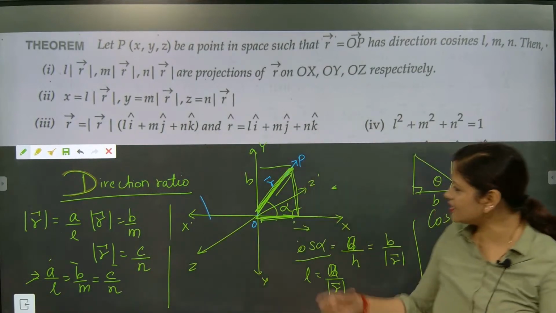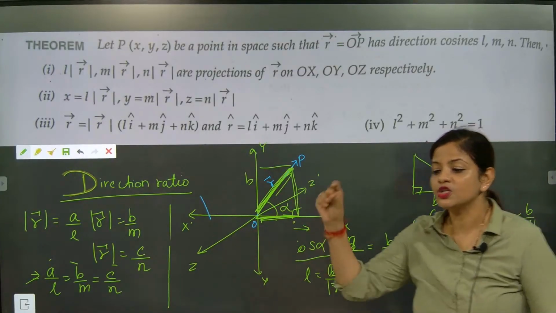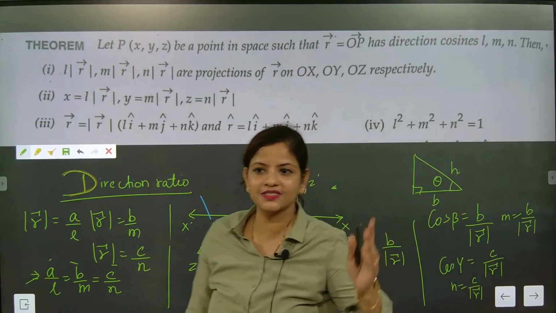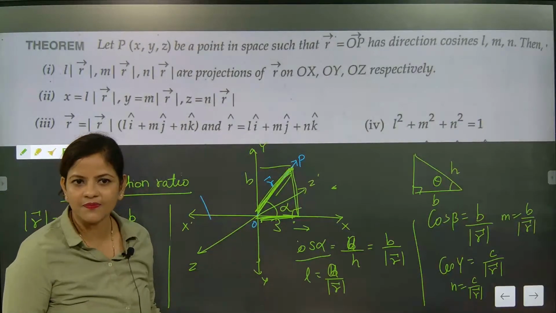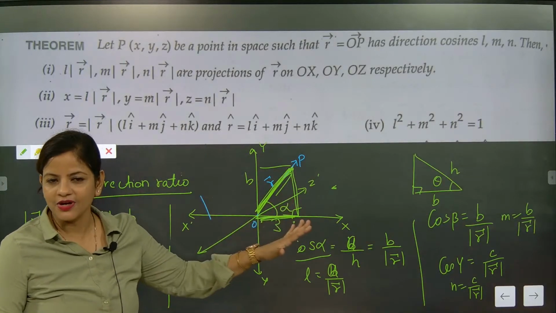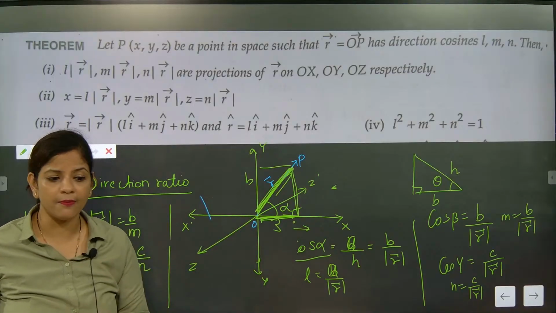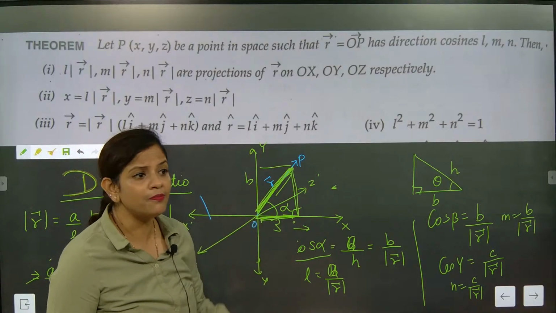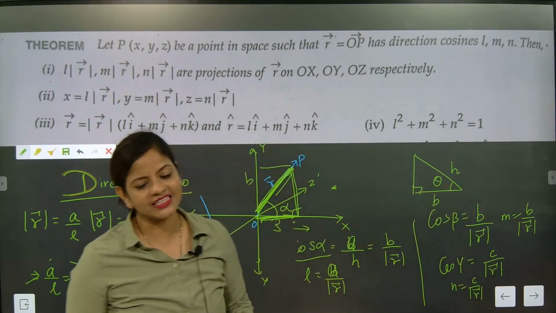Those cut values are x values, y values, and z values. What are they? They are numbers. This value can be written as 3 units now. So direction ratios are numbers along the x-axis, y-axis and z-axis.